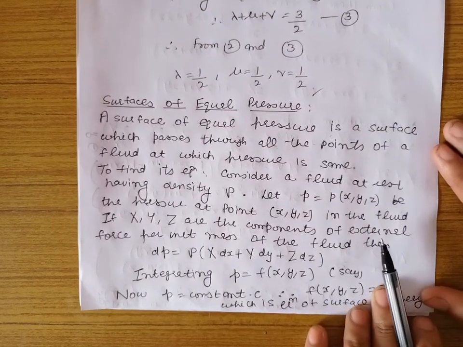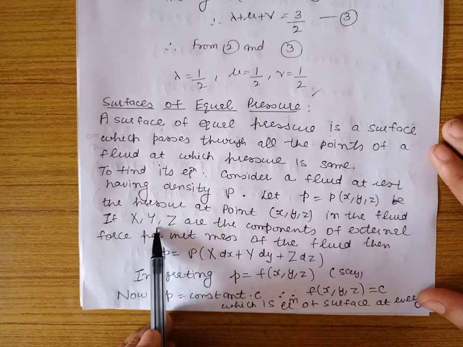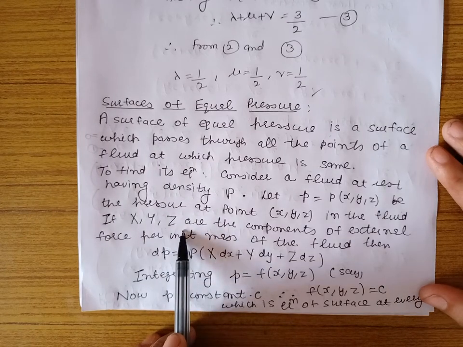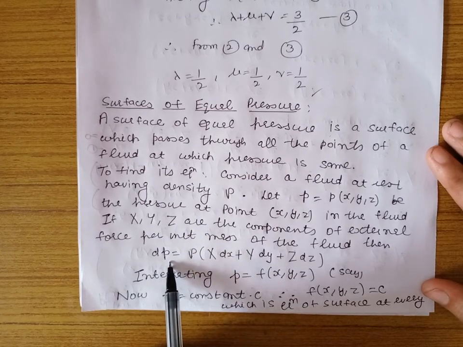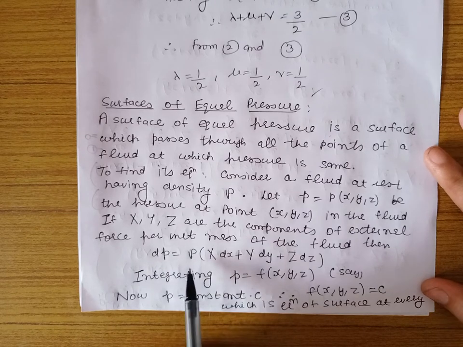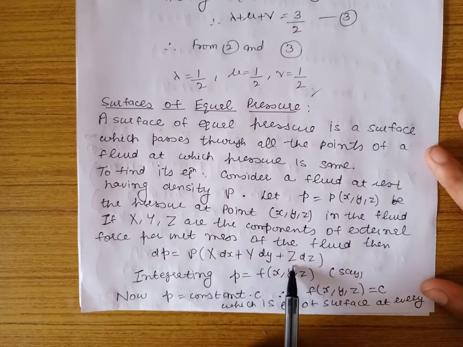Now, if we consider the components of the external force per unit mass to be capital X, capital Y and capital Z, then we have the differential equation of pressure, which we discussed yesterday, given by dP is equal to ρ into (X dx + Y dy + Z dz).